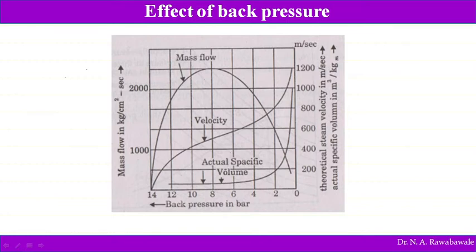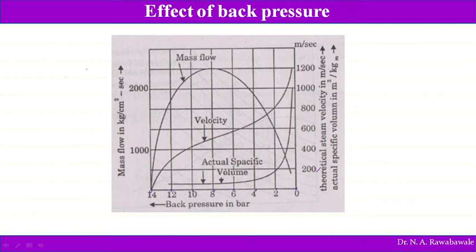Now here we can see the value of back pressure is 0, 2, 4, 6, 8, 10, 12 and 14 on x-axis. So back pressure is nothing but the pressure exerted or pressure in a condenser, which is a negative pressure.